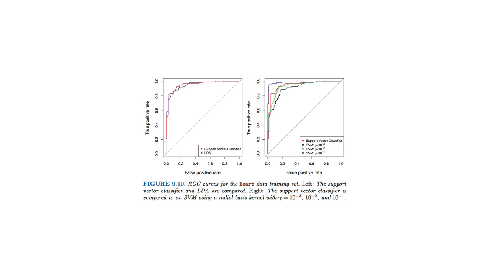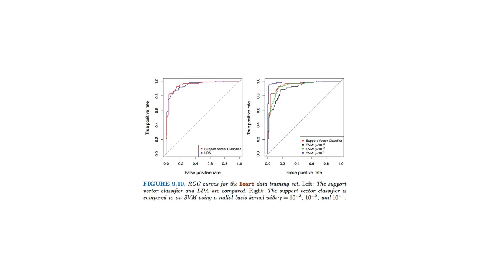So you can see that the support vector machine performs slightly better than LDA, that's linear discriminant analysis in this case. And gamma is essentially the tuning parameter here, so we see in the right panel different values of gamma.